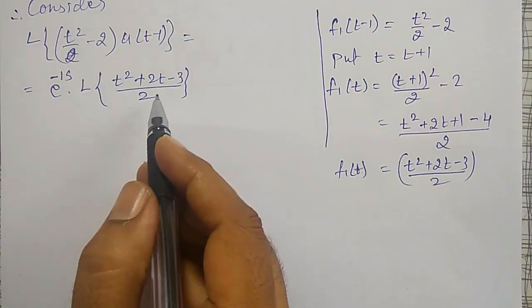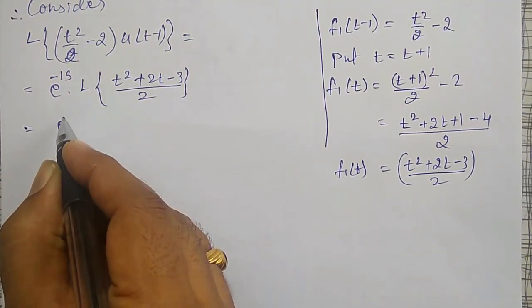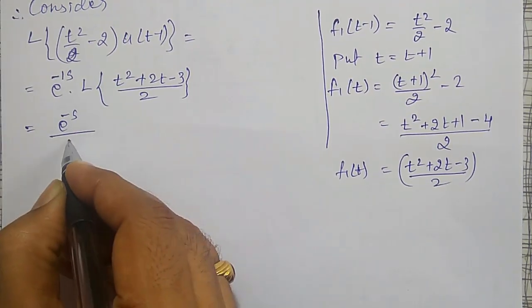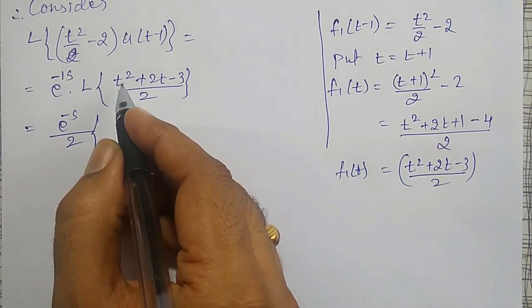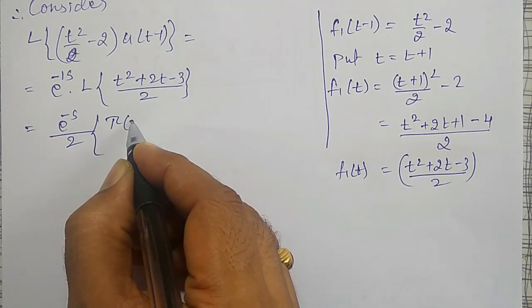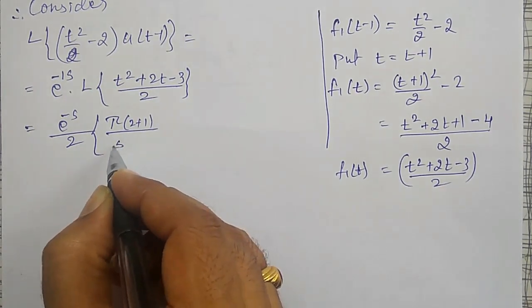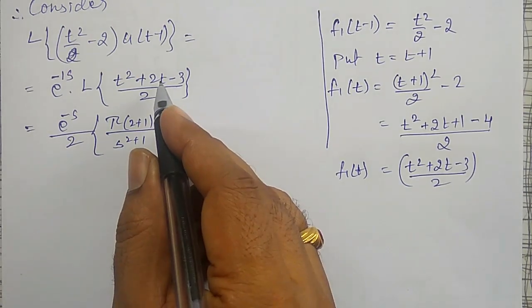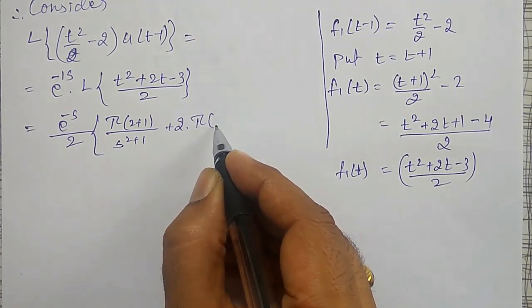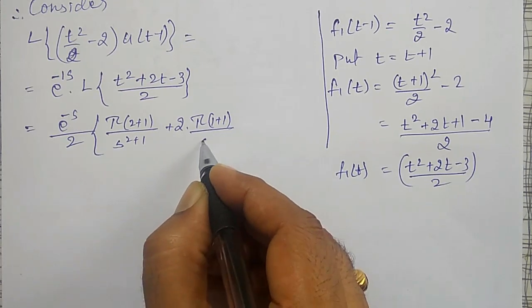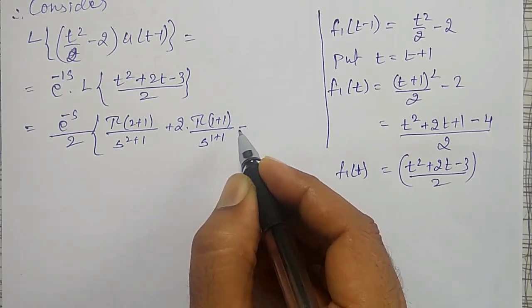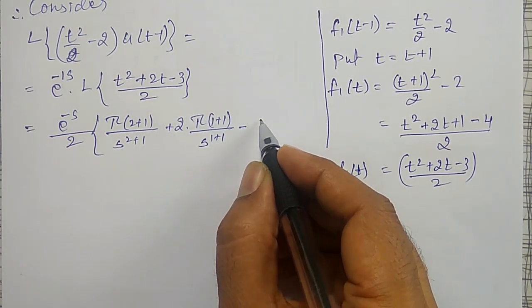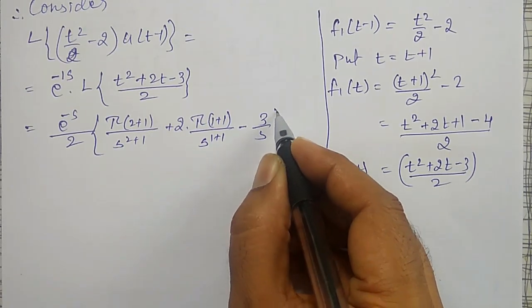This Laplace transform I have to find out, that is e to the power minus s divided by 2, I can take outside, Laplace transform of t square, gamma function of 2 plus 1 divided by s to the power 2 plus 1, plus 2 into Laplace transform of t, gamma function of 1 plus 1 divided by s to the power 1 plus 1, minus 3. Laplace transform of 3 is 3 divided by s.